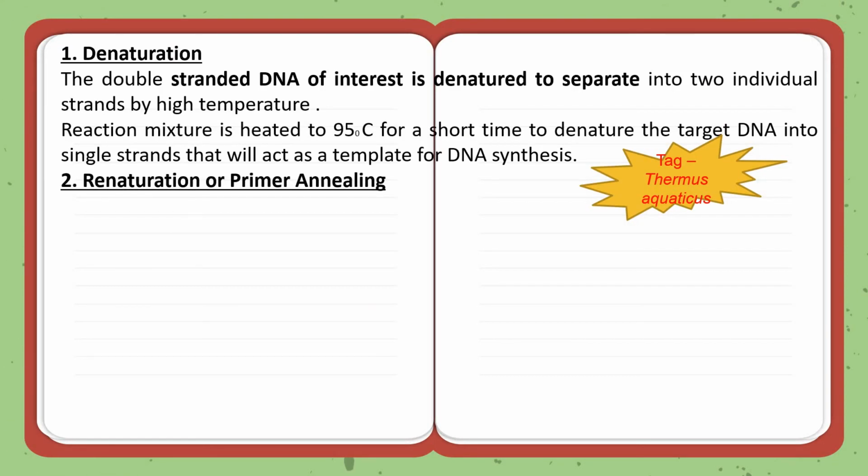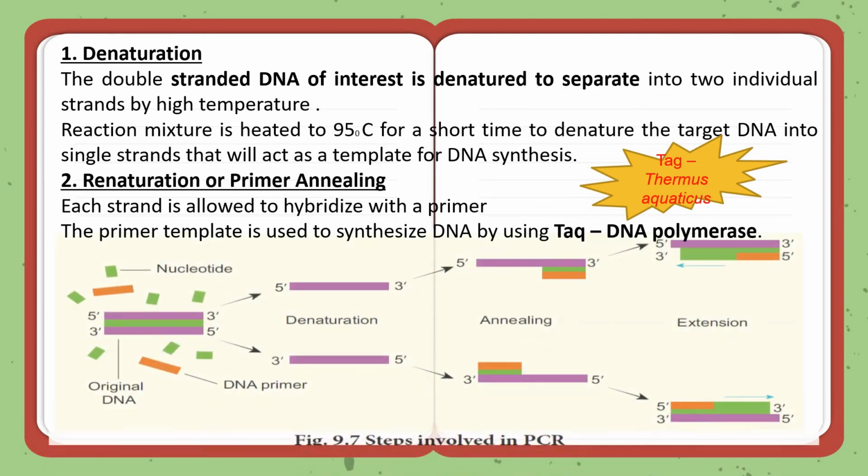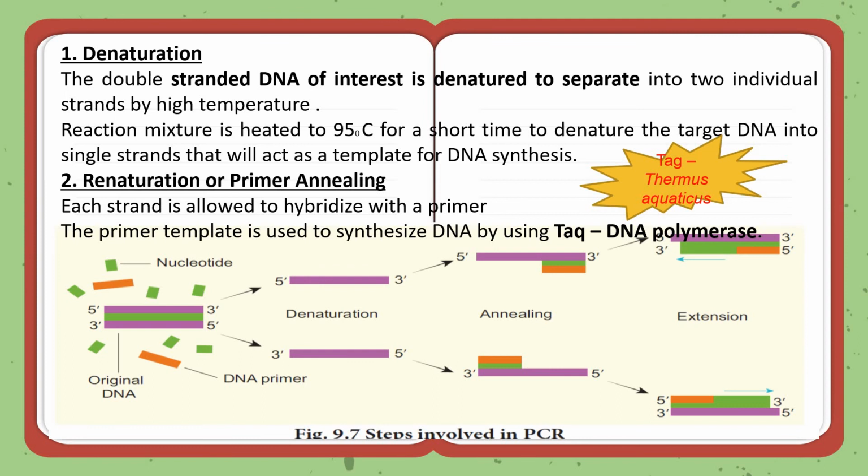So students, here we have three processes. One is denaturation, renaturation or primer annealing. What we have observed in the video is given in sentence form. And here you must know the meaning of Taq DNA polymerase. You know very well the polymerase enzymes are made up of protein.